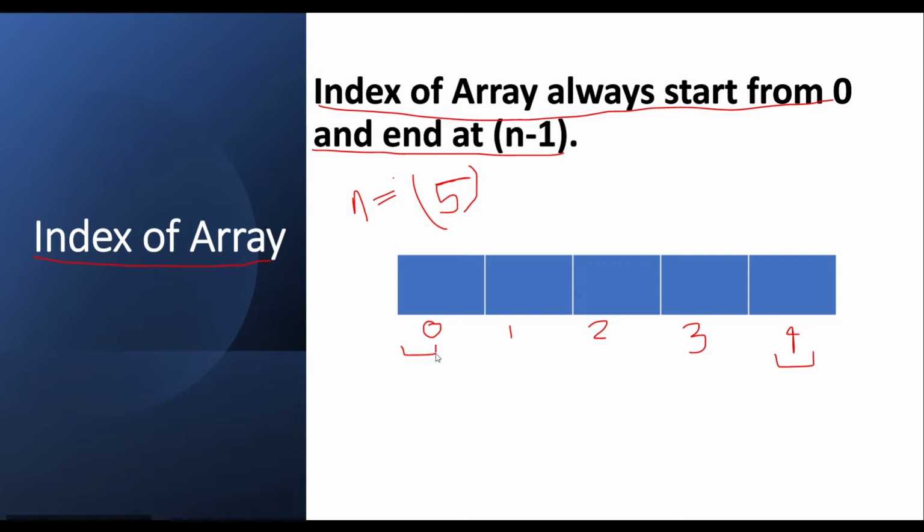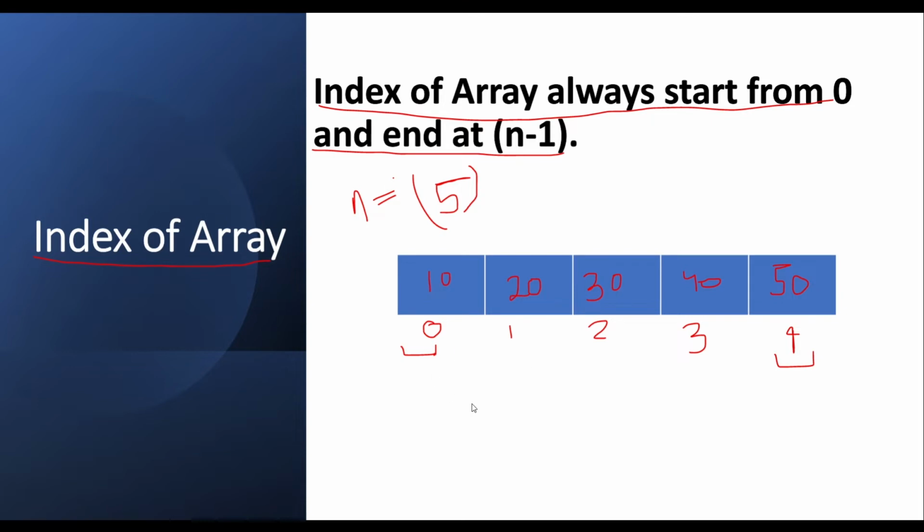The value at index 0 is 10. The value at index 1 is 20, then 30, 40, 50. This is the indexing of an array.